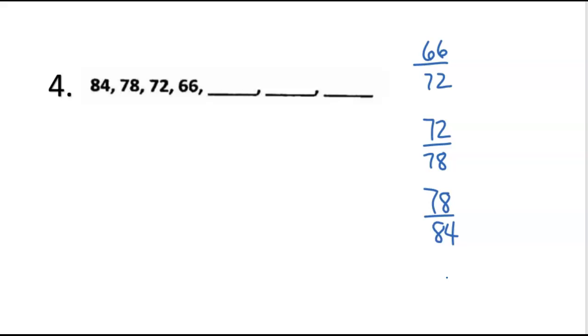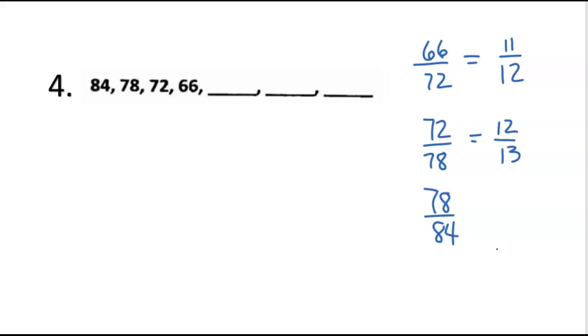On my TI-83 calculator, if I push math, enter, enter, it changes that into a fraction. 72 divided by 78. If you click on the fraction button in Desmos, it changes to a fraction.